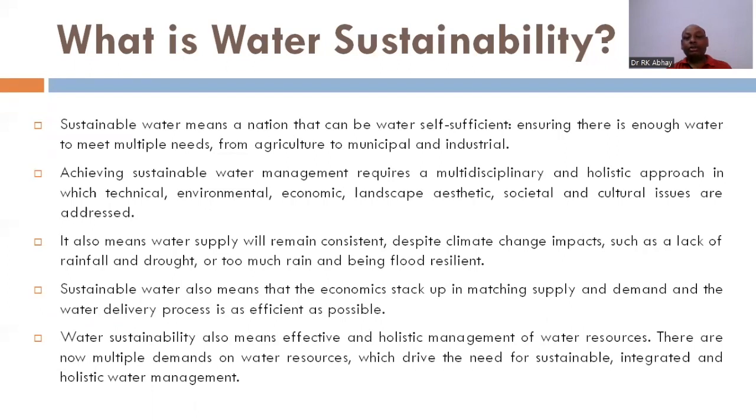Sustainable water also means that the economics stack up in matching supply and demand, and the water delivery process is as efficient as possible. Water sustainability also means effective and holistic management of water resources. There are various demands for water resources, which drive the need for sustainable, integrated, and holistic water management.